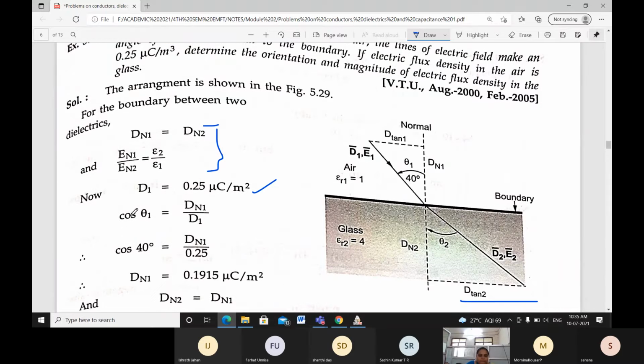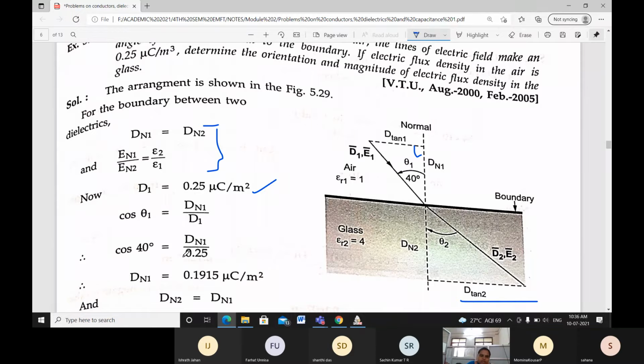Then from the figure, cos theta is dN1 divided by D1. Therefore, cos 40 is dN1 divided by 0.25.